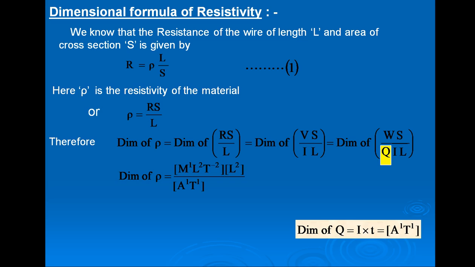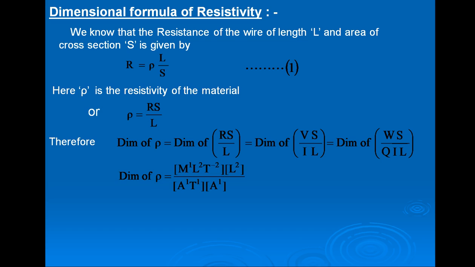We get the dimension of ρ is equal to M¹ L² T⁻² × L² upon A¹ T¹ × A (the dimension of I) × L¹ (the dimension of length).